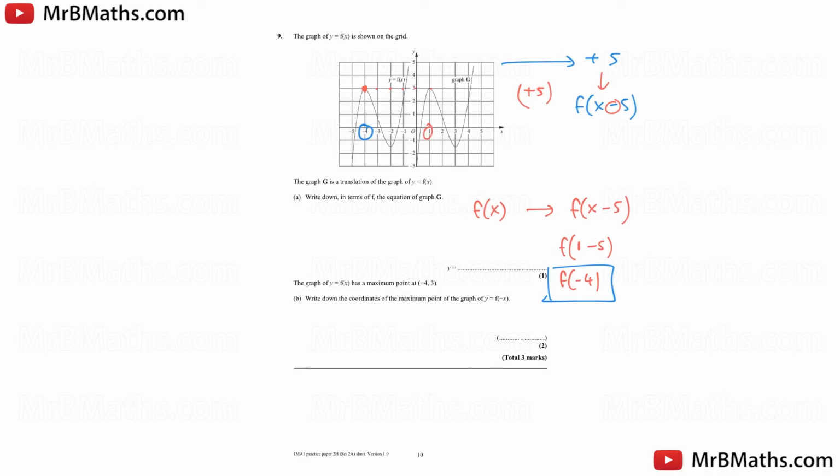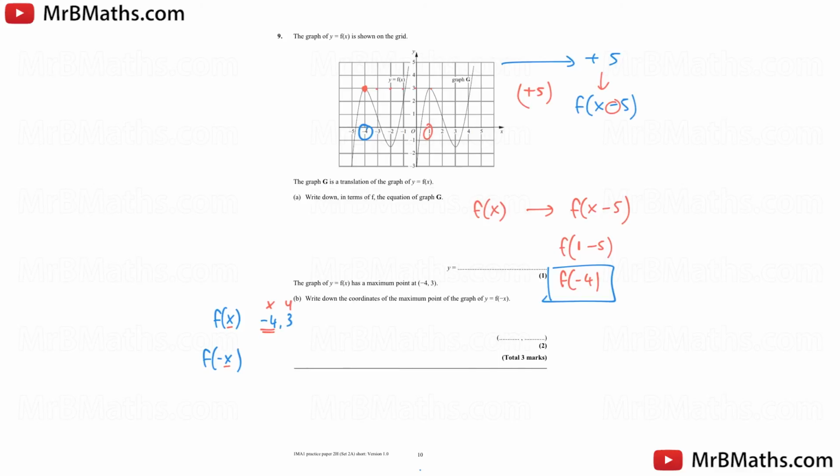Next up, graph of y equals f of x. So f of x has a maximum point minus 4, 3. Write down the coordinates of the maximum point of the graph y equals f of minus x. Well, these are coordinates, so this is our x value and this is our y value. This is the value that we're interested in because it's to do with the x.